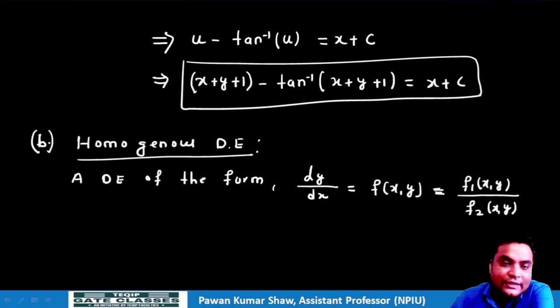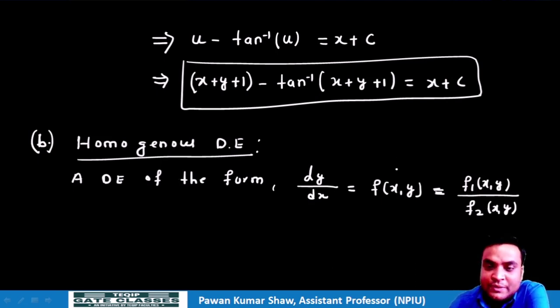So in that case a differential equation of the form either dy by dx equal to function of x, y, or f1 x, y divided by f2 x, y. This differential equation is said to be homogeneous if, regarding the function, it is a homogeneous function of degree 0, or in another way, the degree of f1 and f2 will be the same.